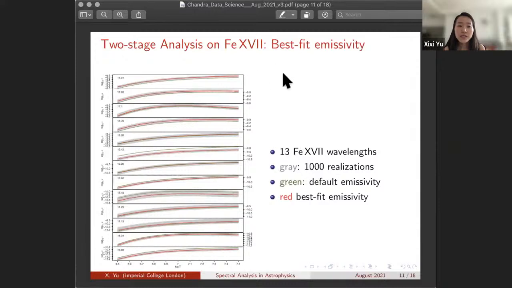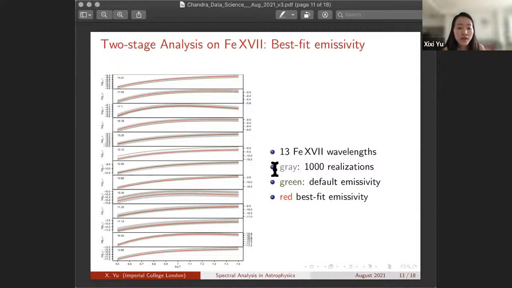So next, using the parameter estimation under the fully Bayesian model, we are able to calculate the best fit emissivities. In this figure, we are showing the emissivities. We have 1,000 emissivity realizations for all 13 iron 17 wavelengths.